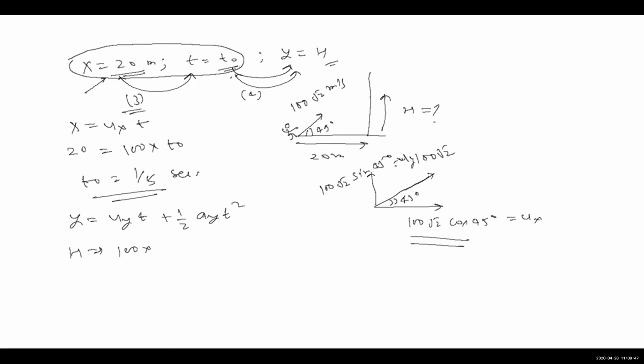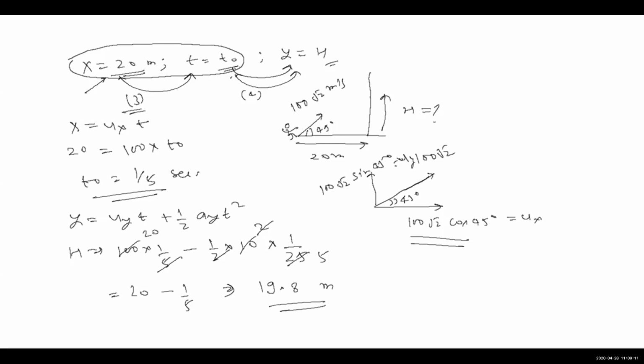It is 100 into 1/5 minus 1/2 into 10 into 1/25. 2 cancels, 5 into 5 is 25, so 20 minus 1/5, and that will be equal to 19.8 meters. So at this much height, the projectile is going to collide with the wall.